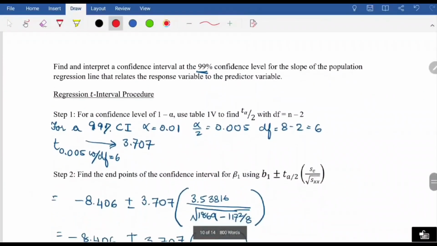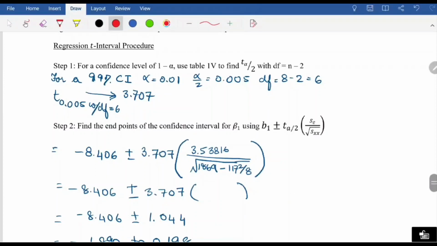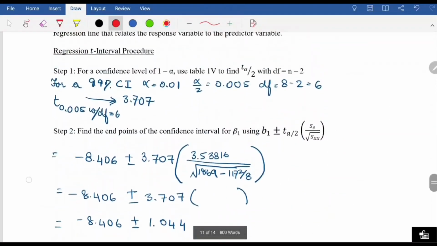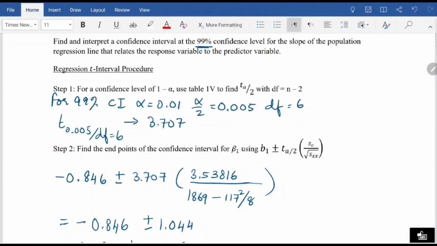Okay, for the next question, we have to find a confidence interval. The next part of inferential studies on the slope is to find the confidence interval, right?